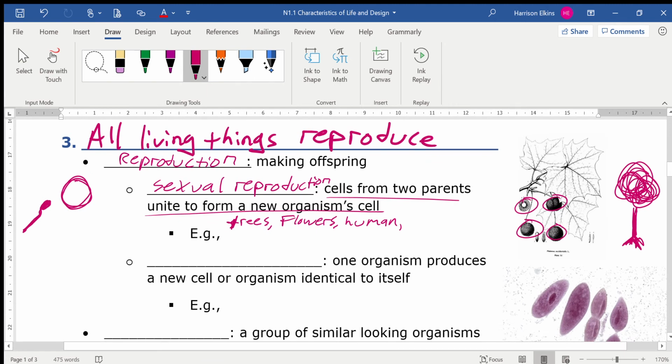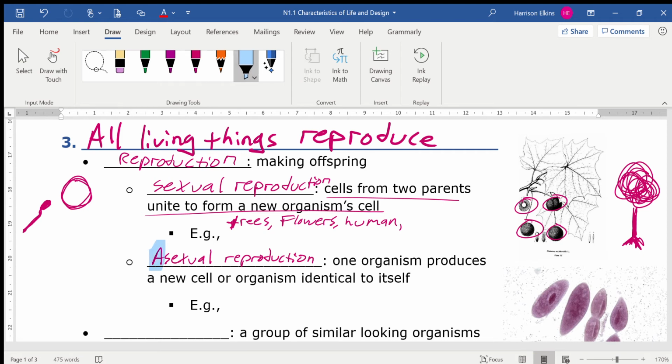When we look at asexual reproduction, let's look at this word, the a right here.